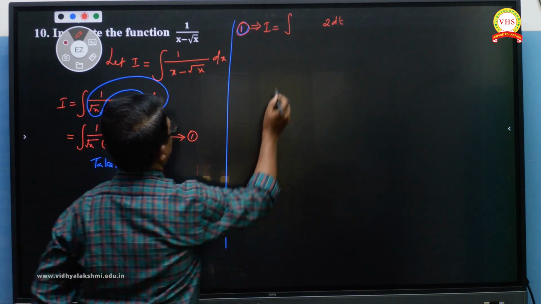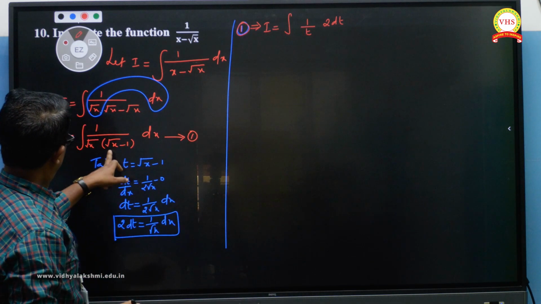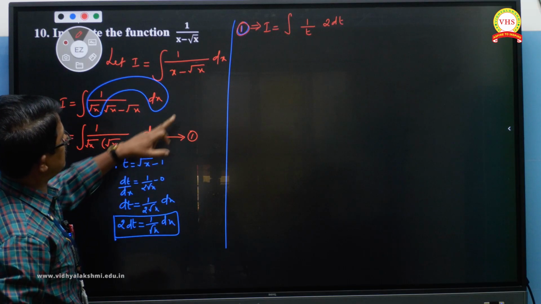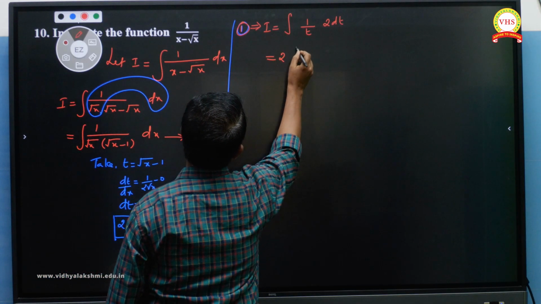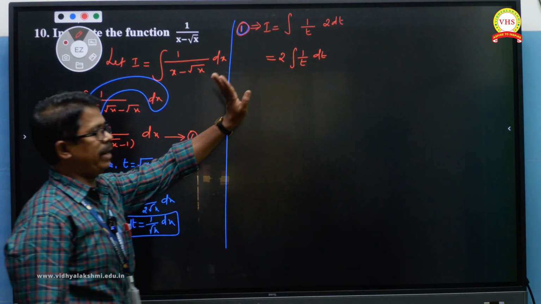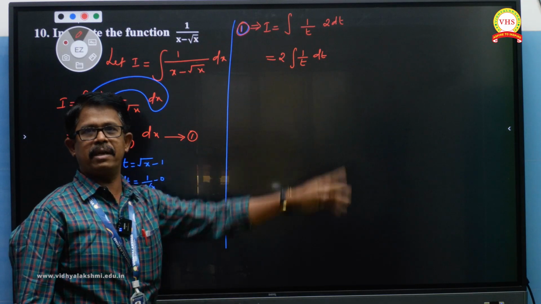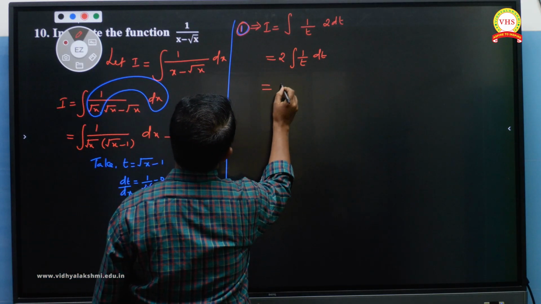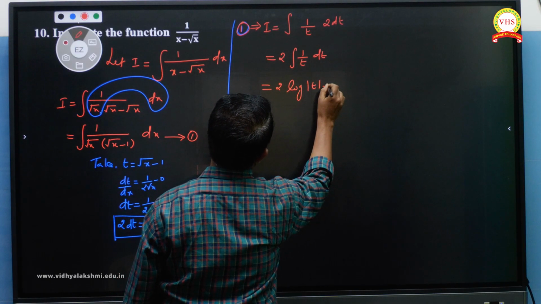And then 1 by t, because root of x minus 1 is considered as t. Now 2 is a constant, taken outside, 1 by t into dt. Are you okay now? It is easy to integrate because we know very well the familiar integral of 1 by x into dx. That is equal to 2 into log of t plus c.